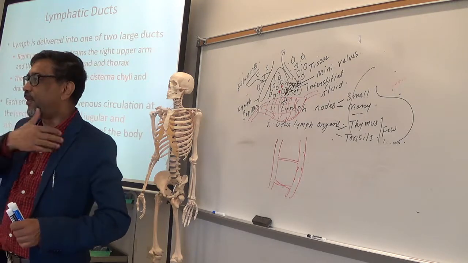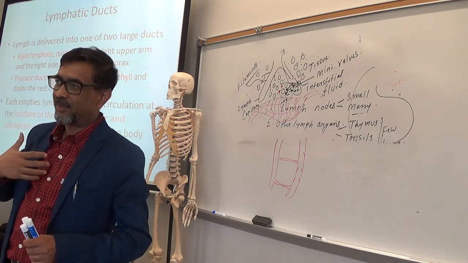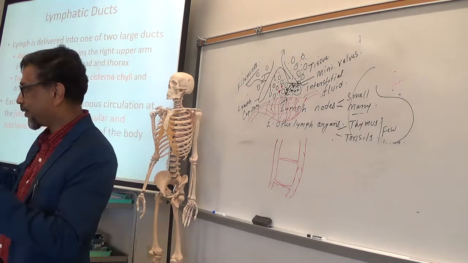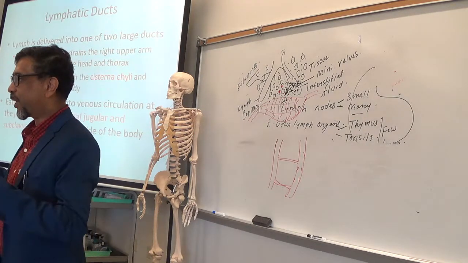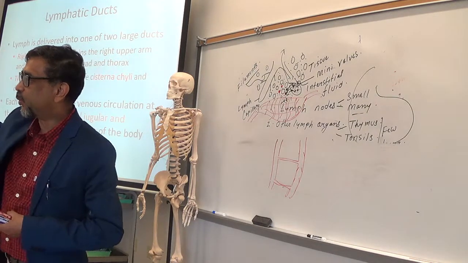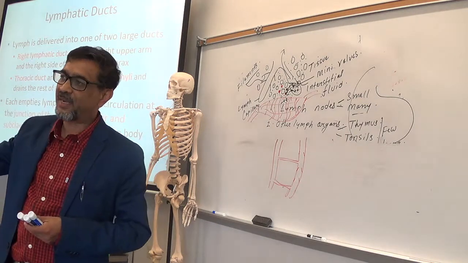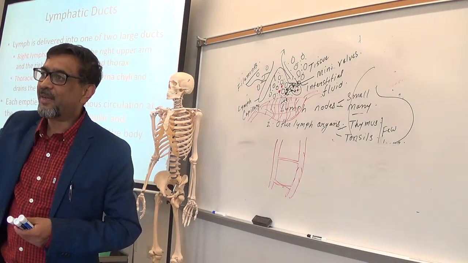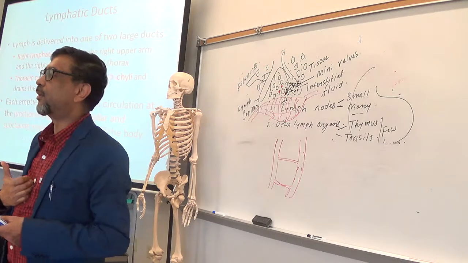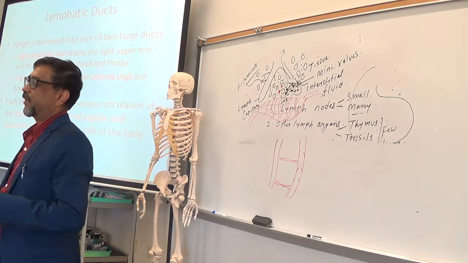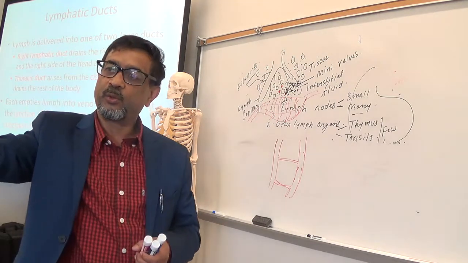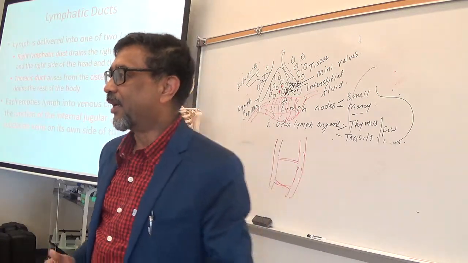So from 3/4 part, that means from about 75% of the body, the fluid enters into what? The thoracic duct, because that one is bigger. Make sense? And 1/4 part or quadrant gives the lymph into the right lymphatic duct. Now look at me.